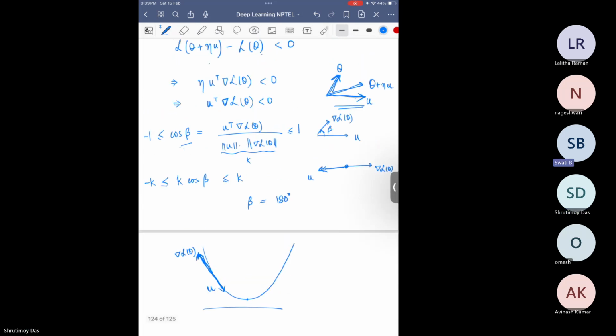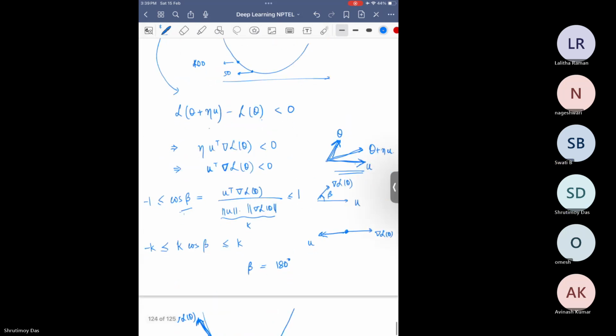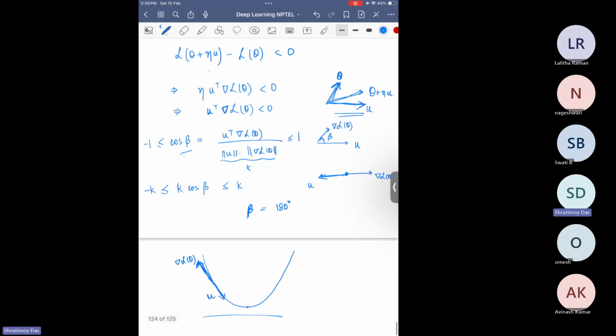Sorry to interrupt, so this theta is the angle between? No, theta is the set of parameters. This beta is the angle between your current gradient and the new direction that you want to take, such that your loss is minimized the most.